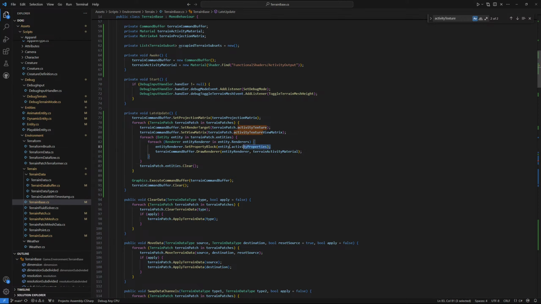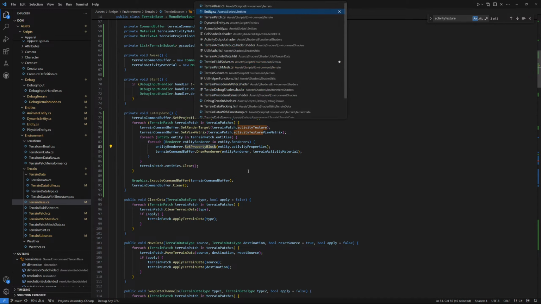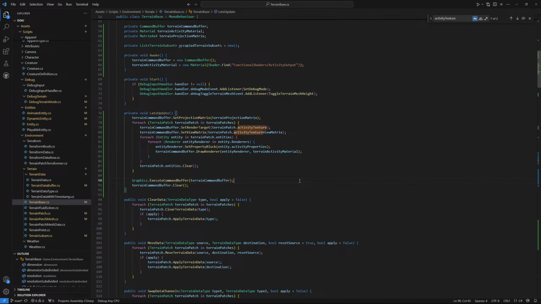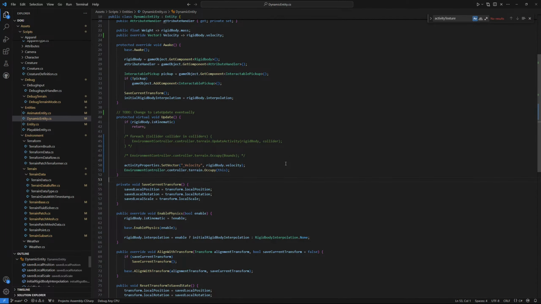Why do we need to set this one every time? So when we change this one, we want to set it again.